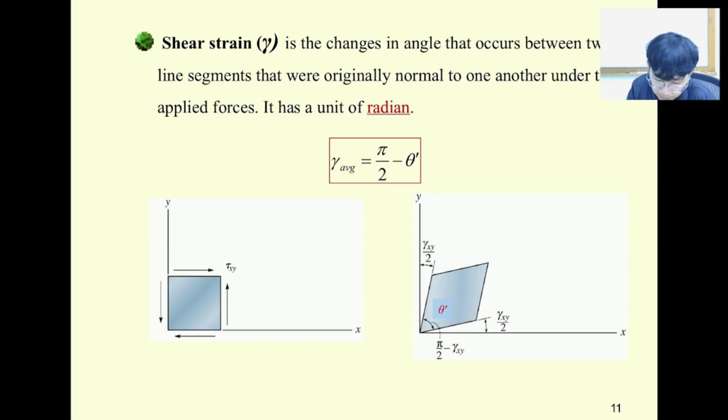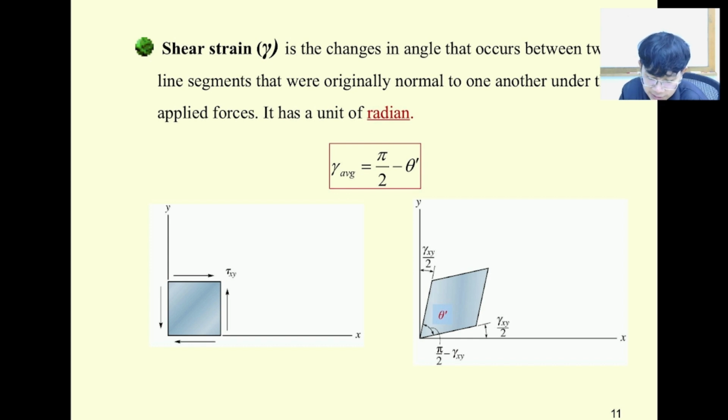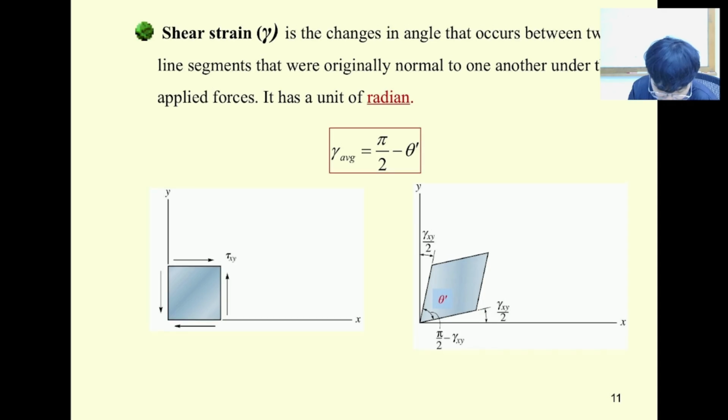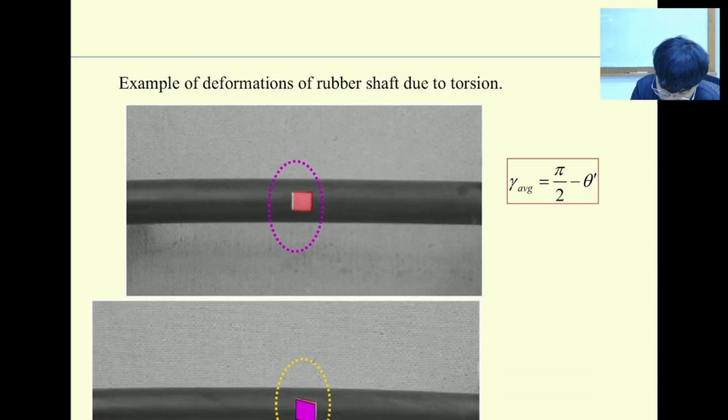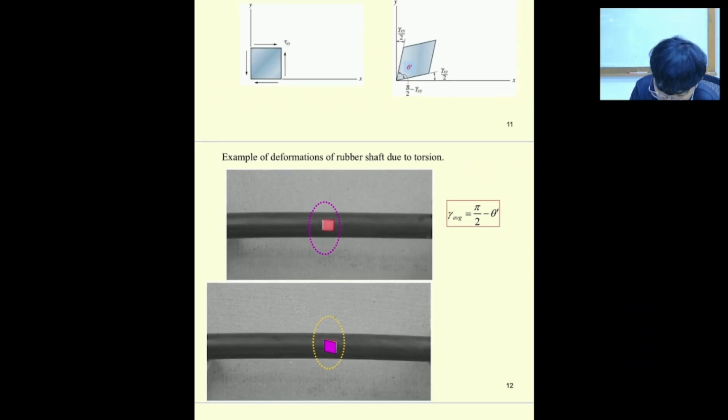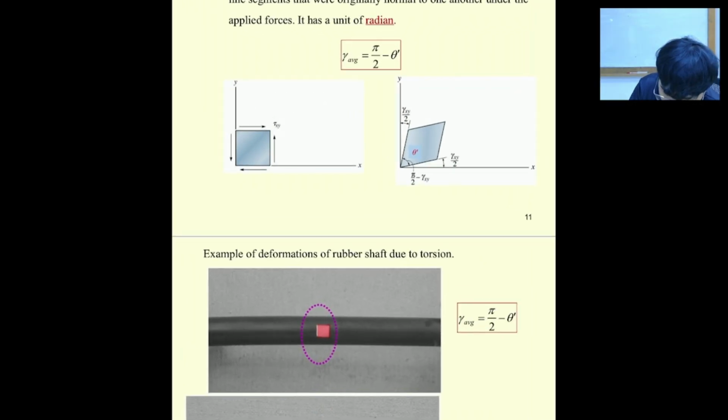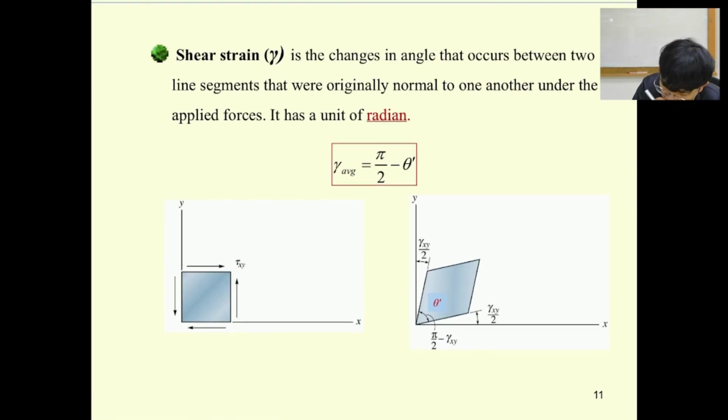Okay. Next one is going to be the shear strain. So for this one, for example, can I zoom out? Okay, so the shear strain, if your sample stays still like this, it produces this angle at pi/2.